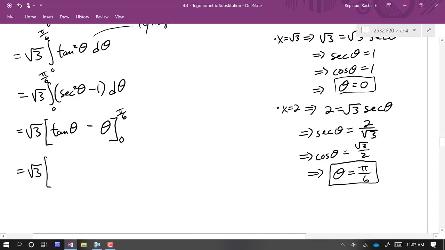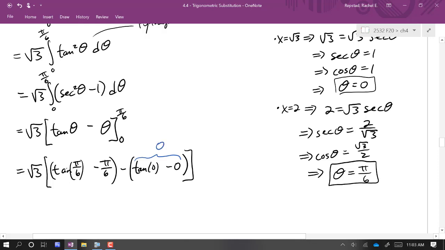So if we plug in pi over 6, tan pi over 6 minus pi over 6 minus plugging in 0. Now tangent of 0 is 0, so that means really this whole second expression zeroes out.